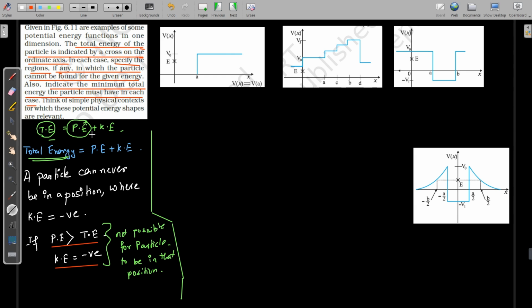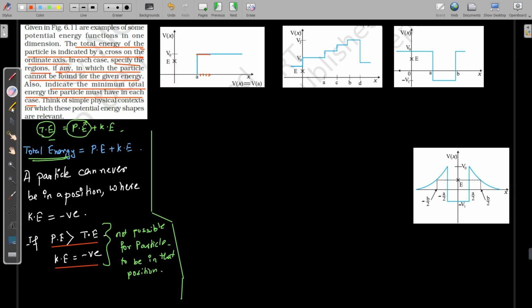Okay. Now see, we will check this portion. Here, what is the total energy position? This is the total energy, right? The moment the position is more than A, at this region, can you see the potential energy has become more than the total energy? This is the total energy portion.